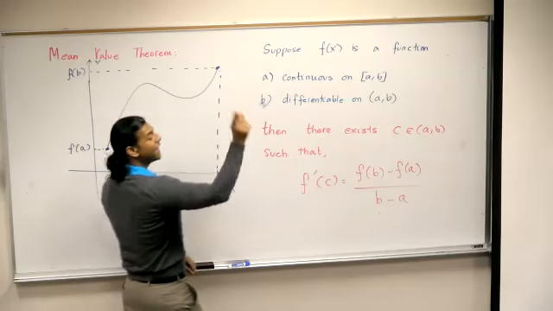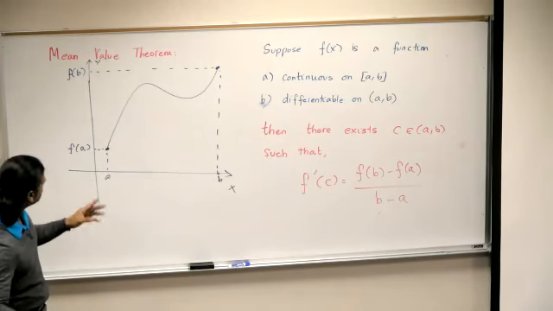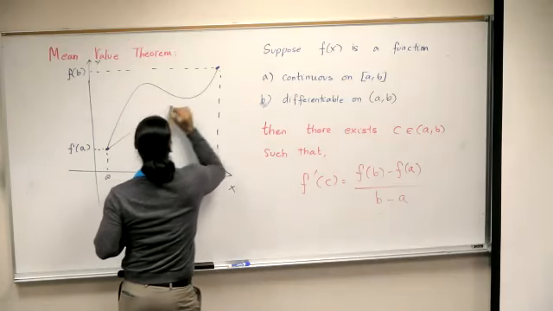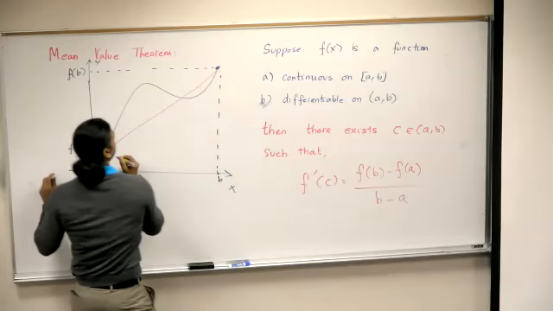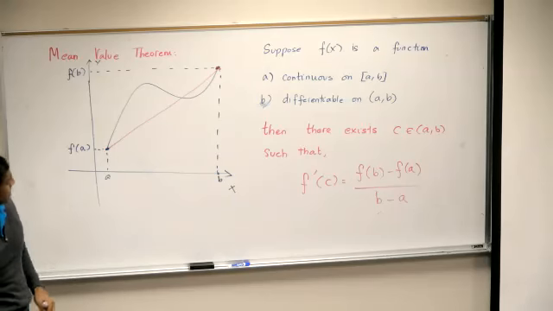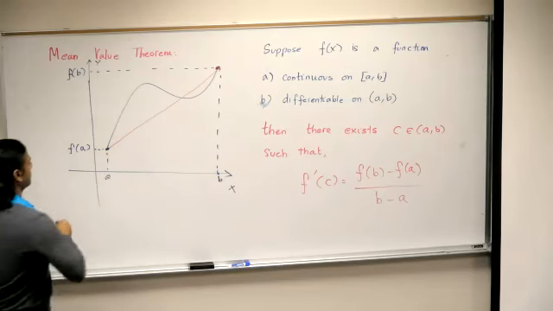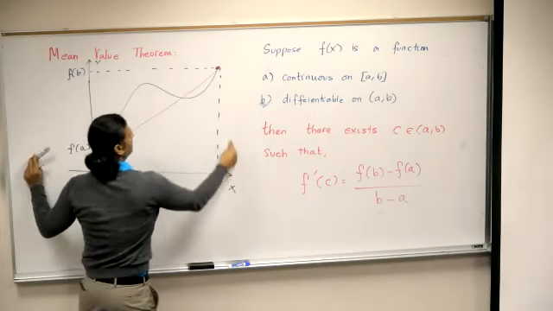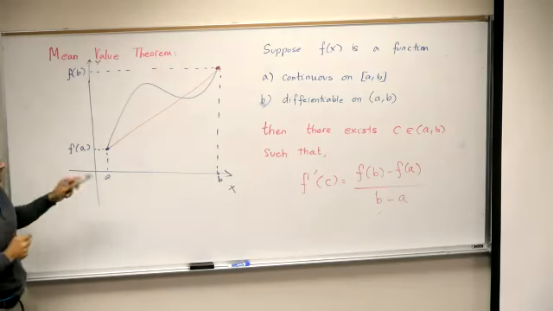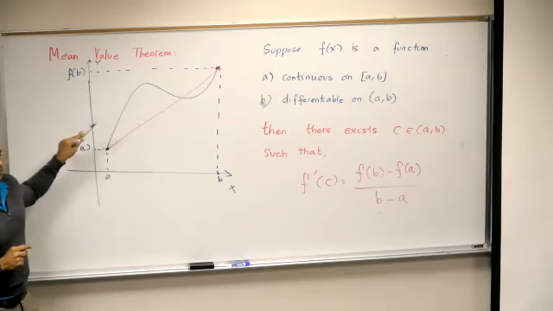It has to go through a and b. Not bad. So I can easily find the slope over here: f of b minus f of a divided by b minus a. That will be the slope of this line.